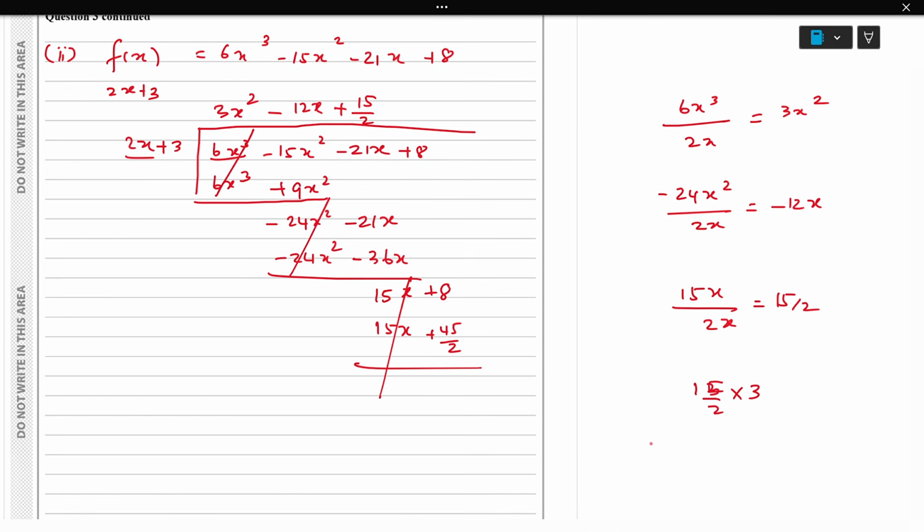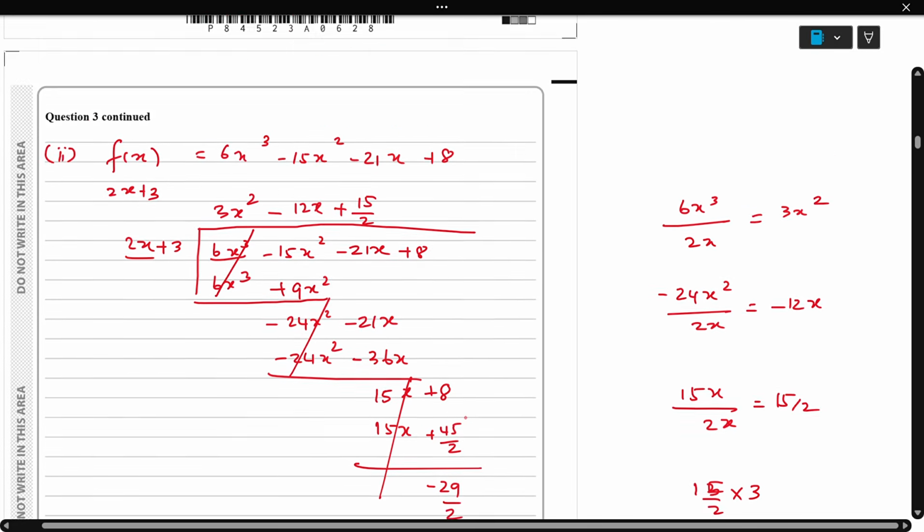So now it's minus 45 by 2 minus 8. So minus 45 minus 16 over 2, so minus 45 plus 8, sorry, it's a plus 8. So it's going to be minus 29 over 2.